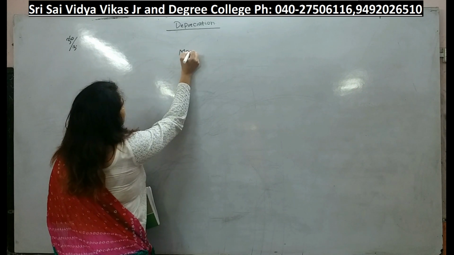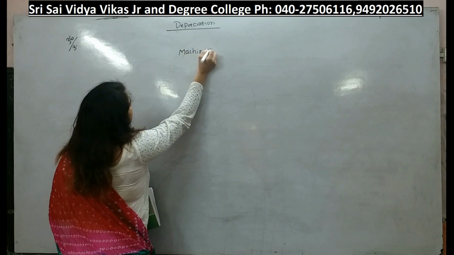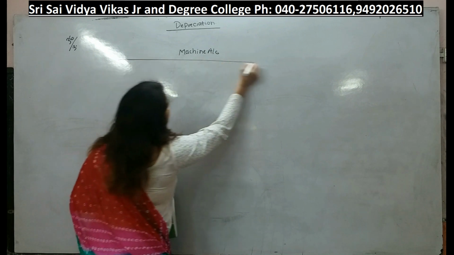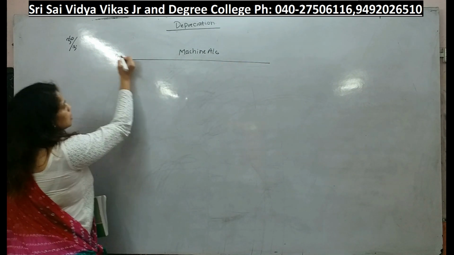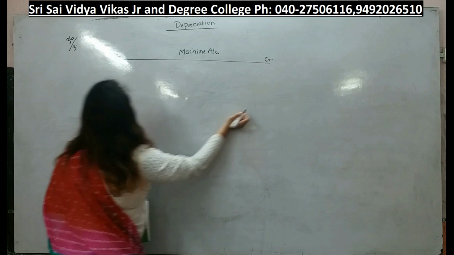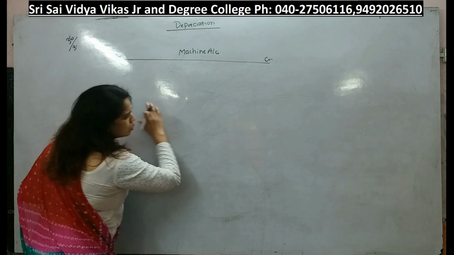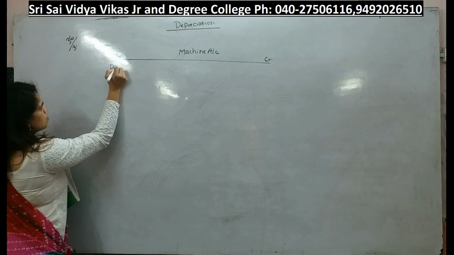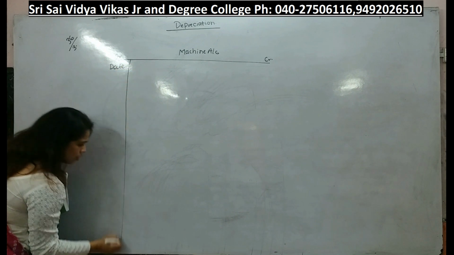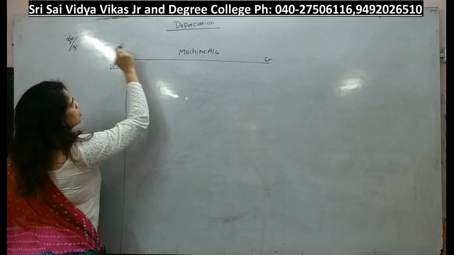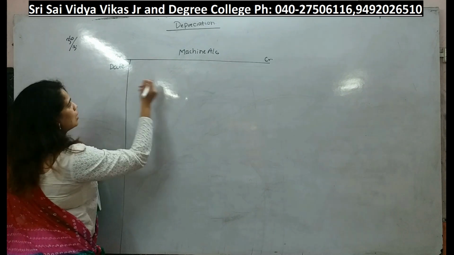Here we are preparing again the machine account, which is divided into 2 parts, debit and credit. We will do it very slowly, students, pay attention. First we will draw the format. We know that the machine account is divided into 2 parts, debit and credit.